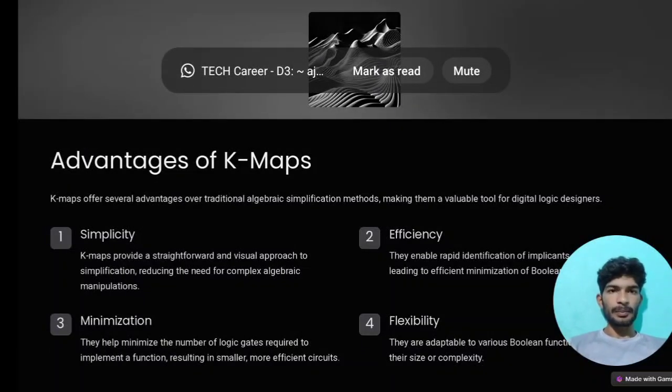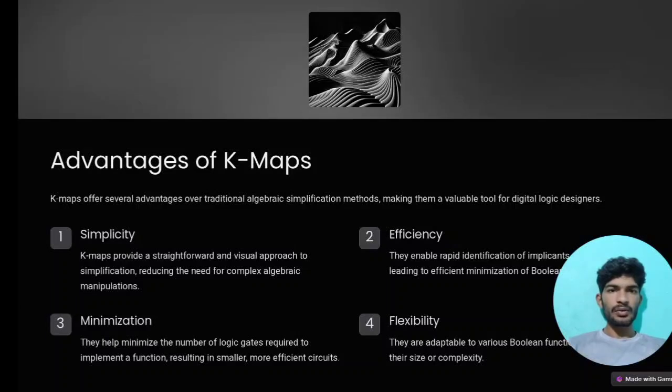Advantages of K-map. K-maps offer several advantages over traditional algebraic simplification methods, making them a valuable tool for digital logic designers. First one, simplicity. K-maps provide a straightforward and visual approach to simplification, reducing the need for complex algebraic manipulations. Minimization.